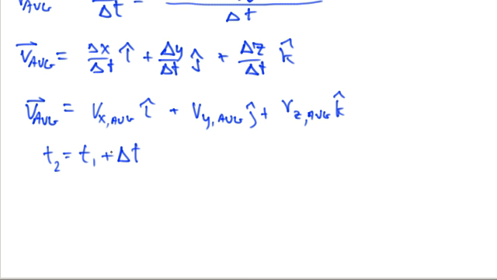But if we let delta t get smaller and smaller, t2 and t1 become very, very close together. And what happens, however, is as delta t becomes small, the change in the x position, the change in the y component, the change in the z component also become very small. And essentially, the two points are at the same position.